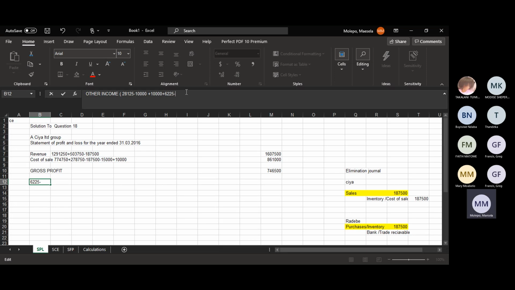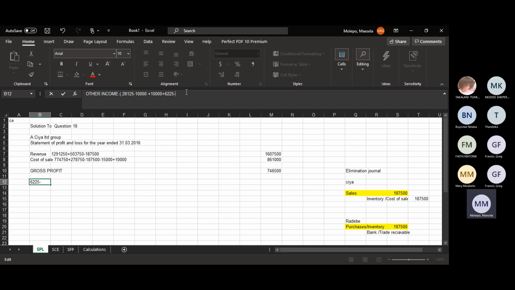So this one is not specifically an income. It should go as part of the finance cost because it's an interest income, but he accounted it as other income. Do you follow that statement?